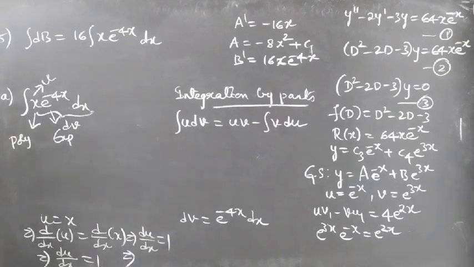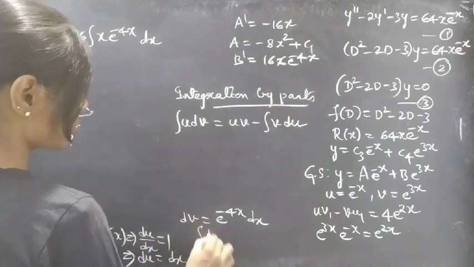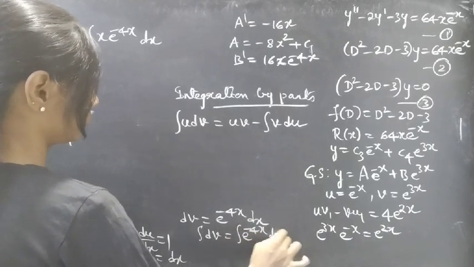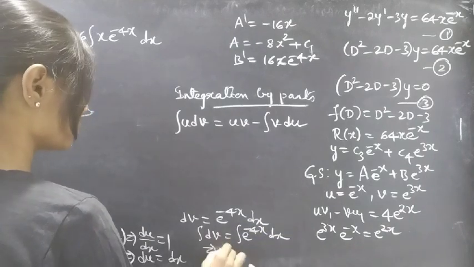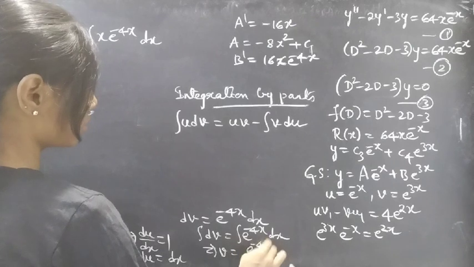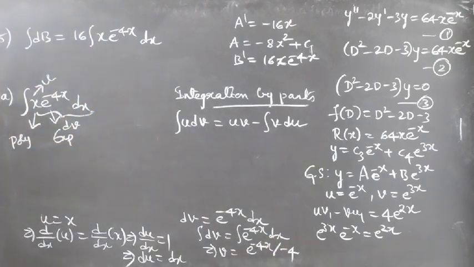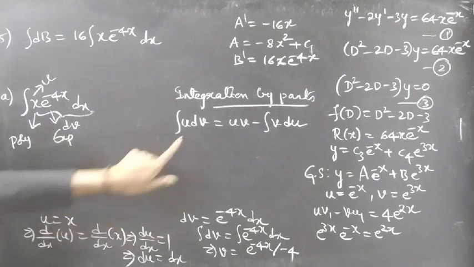This gives us du equal to dx. Here we integrate on both sides to find v. This gives us v equal to e power minus 4x by minus 4. Right? Now let's apply the formula.